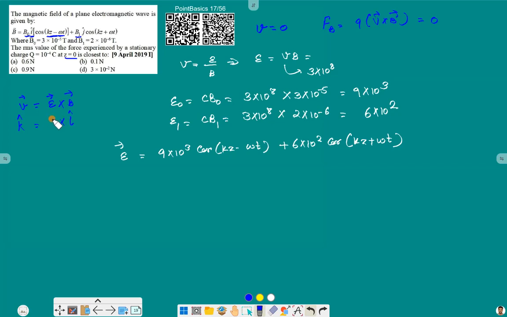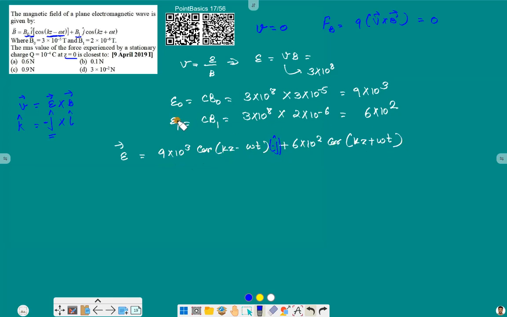So here it should be j, only then j cross i will give us, sorry, it should be negative j. i cross j is k, so j cross i is negative k. So this field will be in the negative j direction.